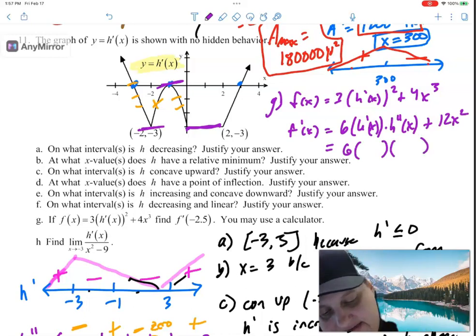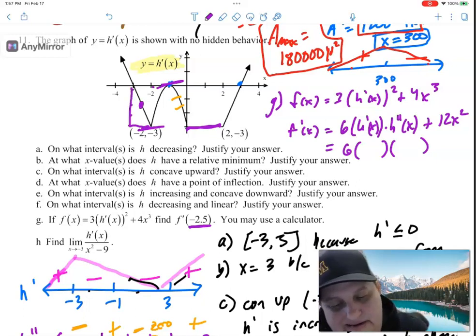Now, if I'm evaluating this at negative 2.5, that's like right here. Okay? Now look, this is negative 2, negative 3. The slope goes over 1, up 3. So the slope of that is like negative 1/3.